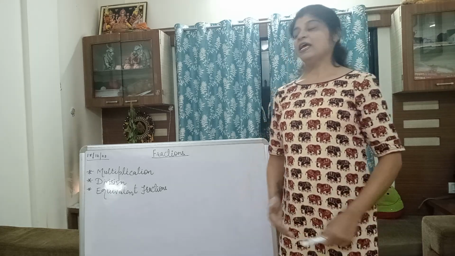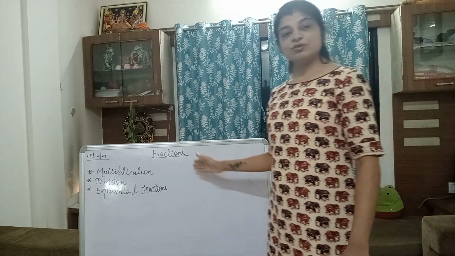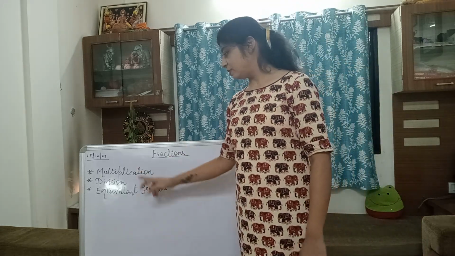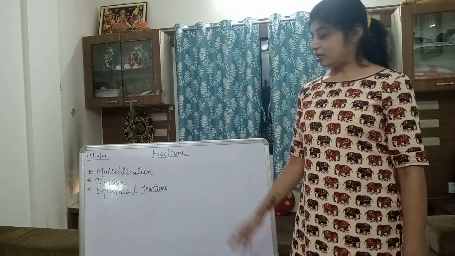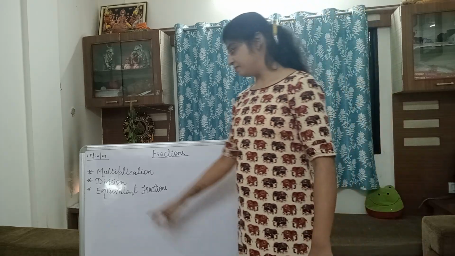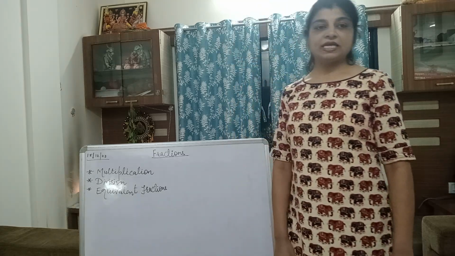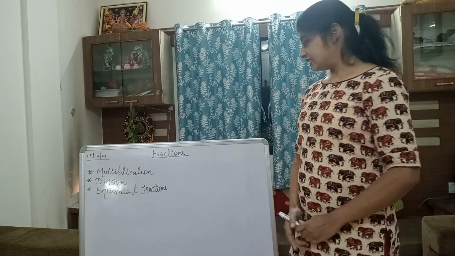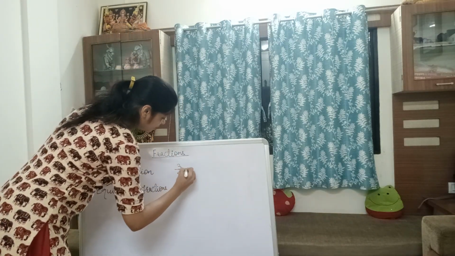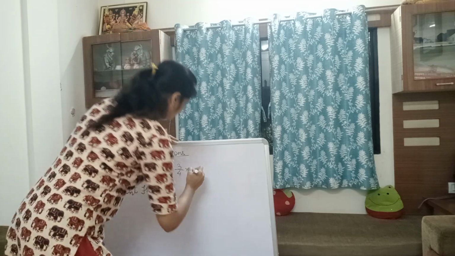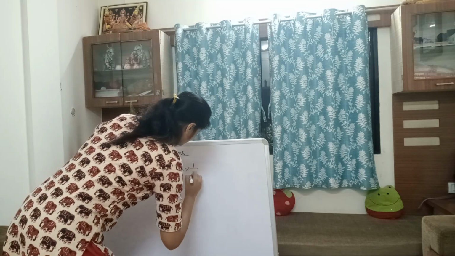So today again, I'm here back with the remaining part of fractions, that is multiplication, division, and equivalent fractions. So let's see now, without wasting our time, how to multiply two fractions. For example, if I have 3 by 4 to be multiplied by 1 by 2.